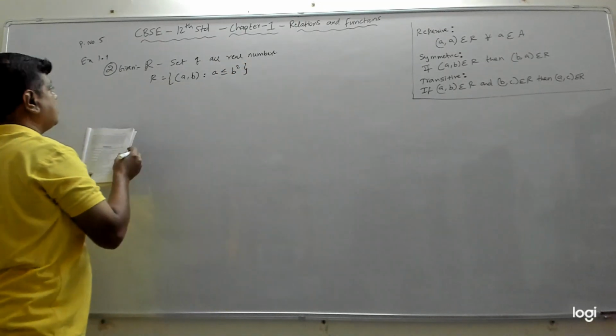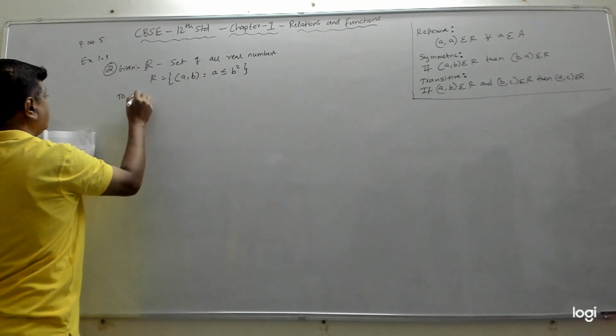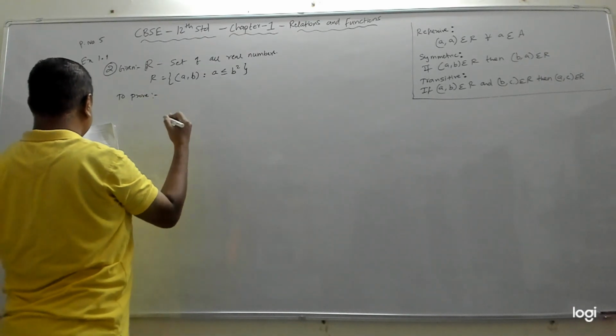This is the relation. Now what should we prove? See here, they are not asking us to check. Here we need to prove that it's neither reflexive, nor symmetric, nor transitive.